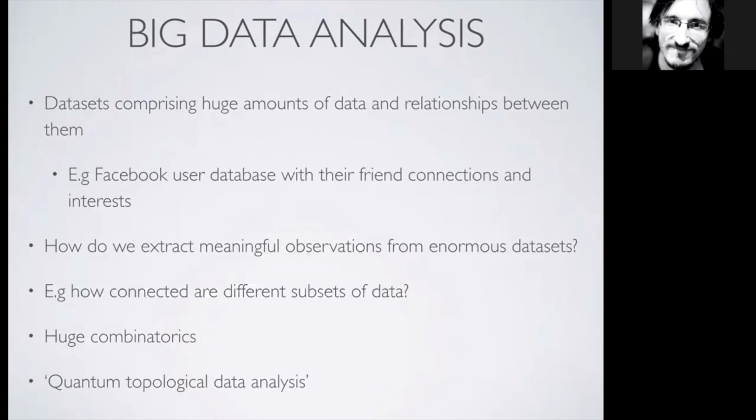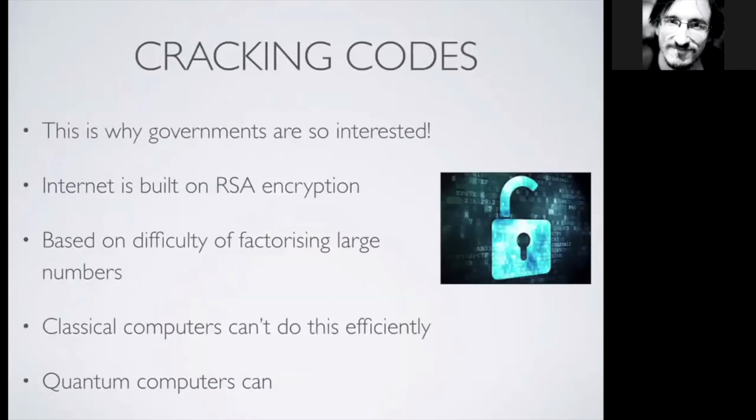Things like that can be really, really complicated and involve huge combinatorics using classical computational techniques. But there are certain quantum techniques, such as quantum topological data analysis, where you're trying to understand the collective structure of huge data sets like this to extract something meaningful, which would require brute force using classical techniques.